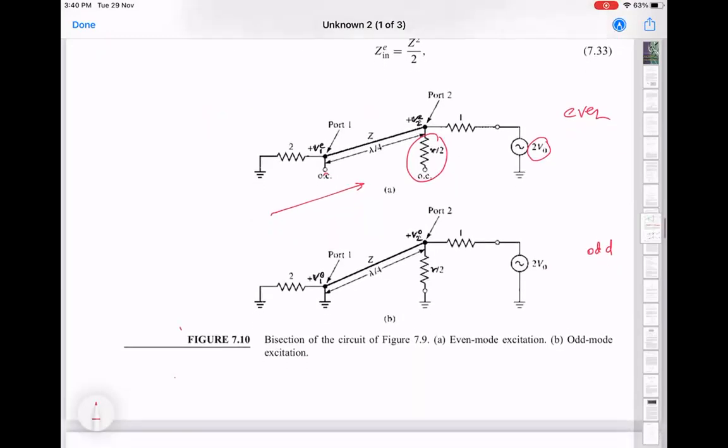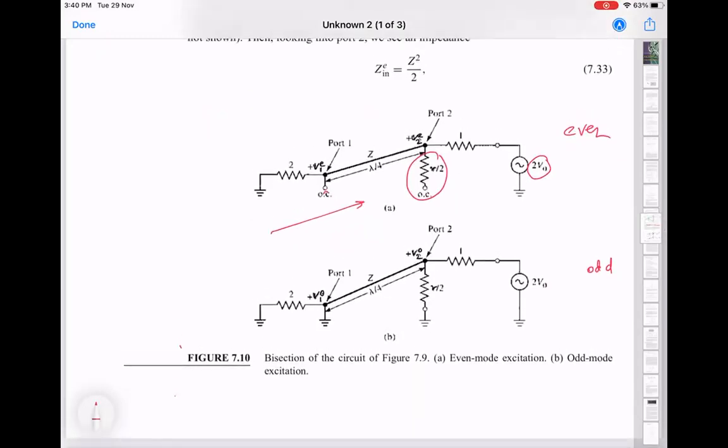So we looked at these equivalent circuits here, where we said that for the even mode, we're going to consider these points as open circuits. And for the odd mode, we're going to consider these points as short circuits. So again, I keep saying short circuit, but shorted to ground. What we are really saying is that that point is at zero potential, and that's because the points on either side of that point are always going to have equal and opposite voltage. So that ensures that this is always going to be at zero.